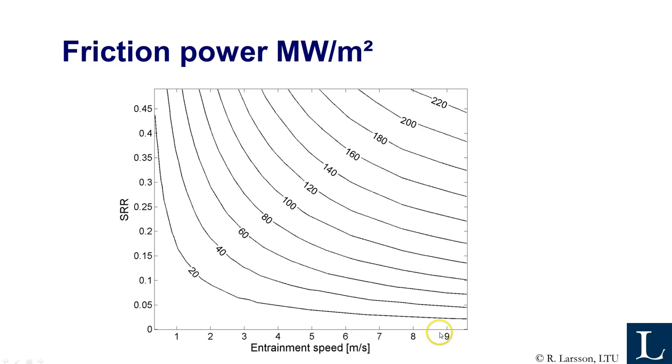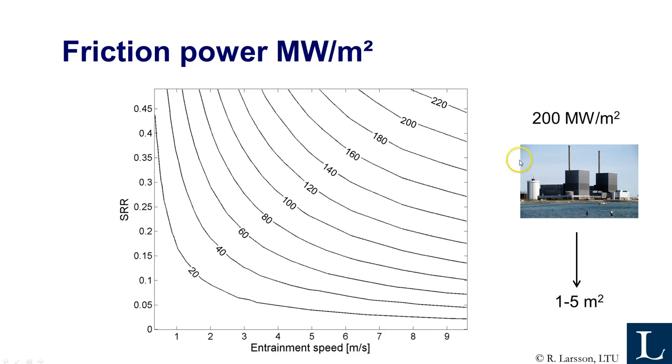And since the increasing speed and increasing sliding speed makes the power very high up here, even if the friction coefficient is lower, we can compute this friction power map instead, and it has the unit megawatt per square meter. And you can think about this number. So we have something like 200 megawatts per square meter here, and a megawatt is pretty much.